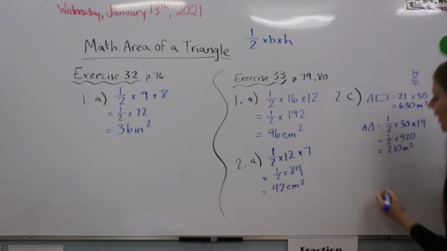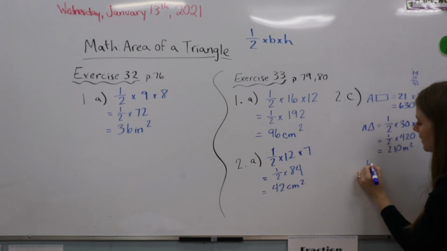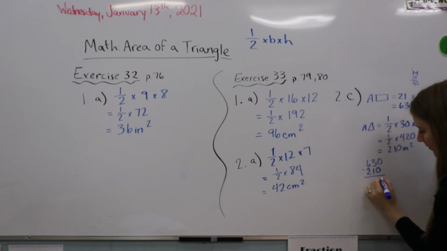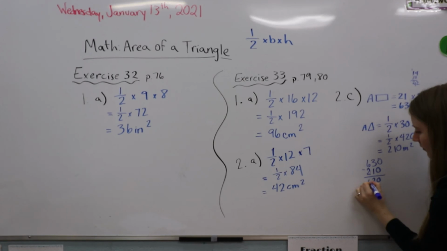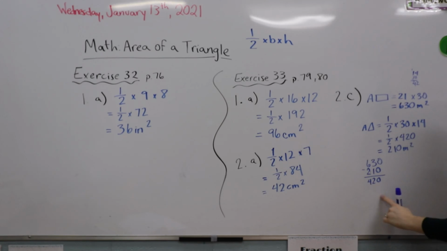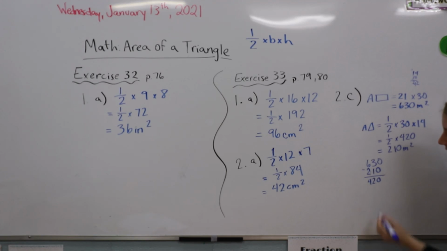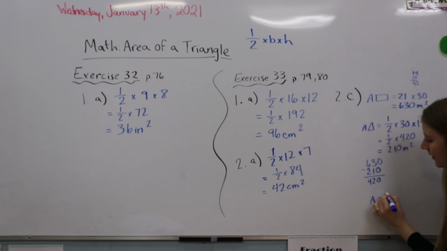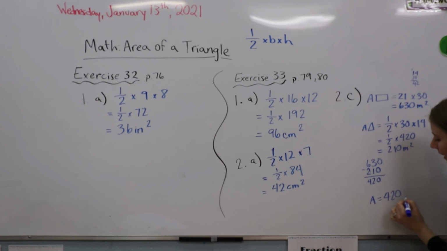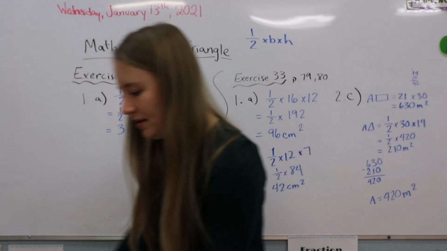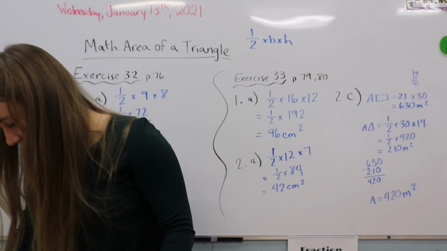Now we have to do our subtraction: 630 minus 210. Our area is 420 meters squared. So that is page 81, that's C.